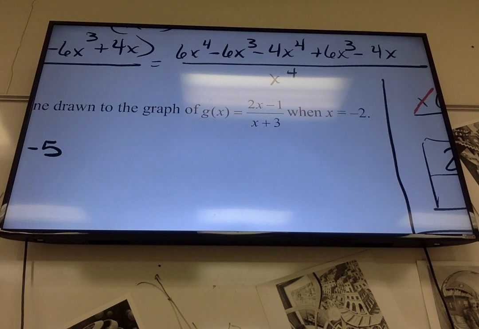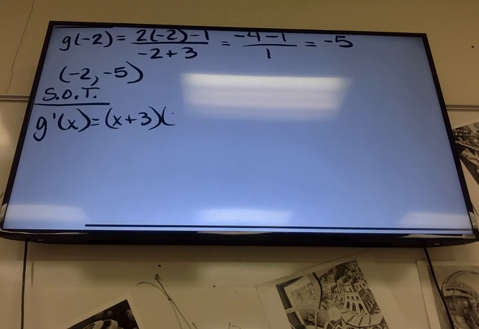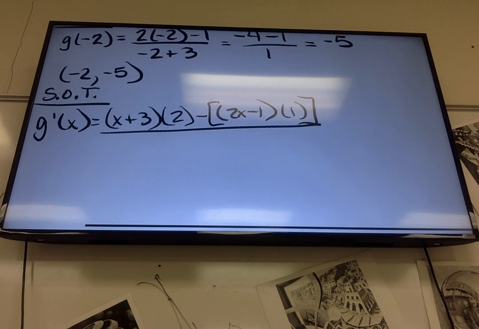High is 2x minus 1. Derivative of the high is 2. So low d high minus high, which is 2x minus 1, d low. Derivative of the low is 1. Square the bottom and away we go.